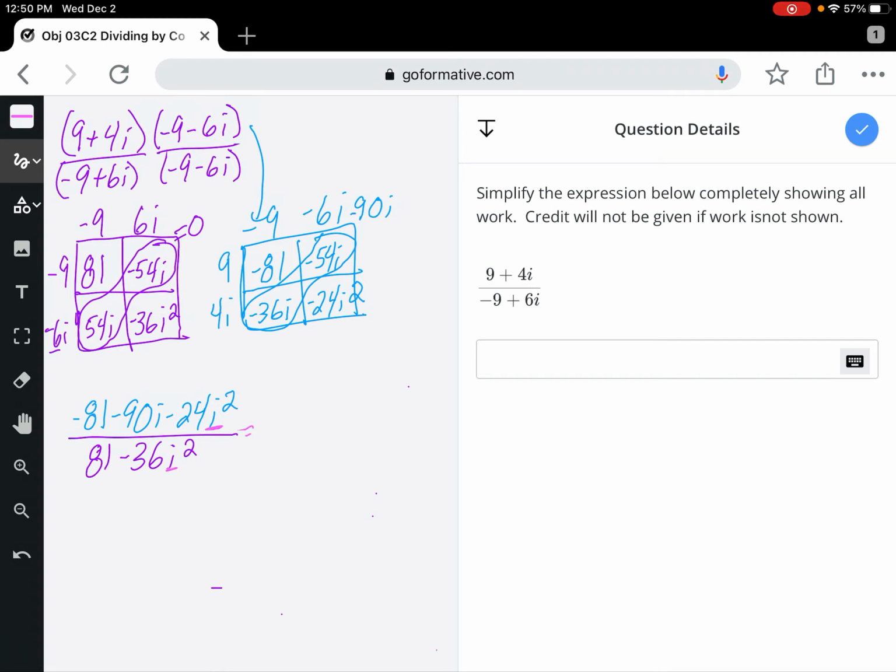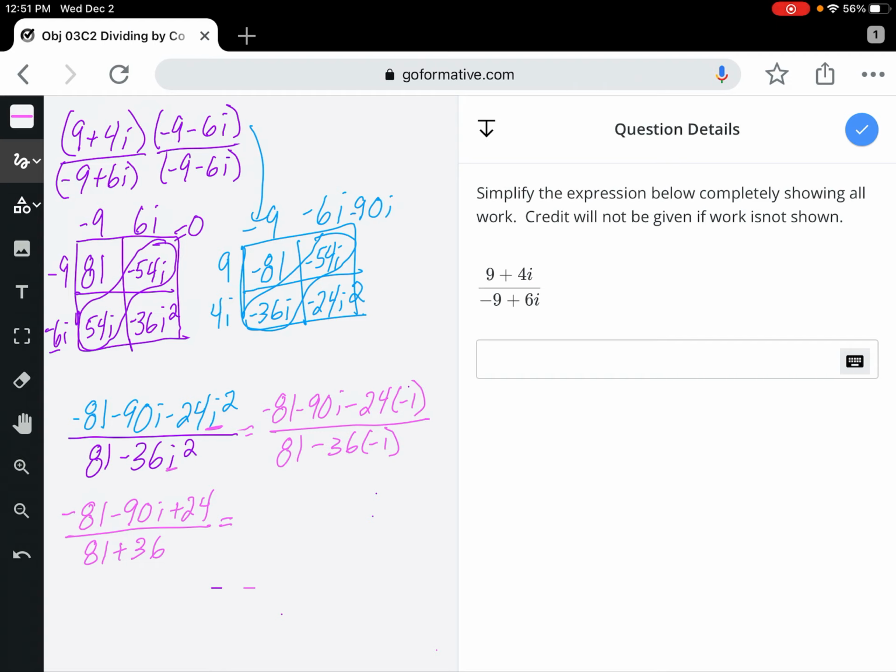I then take my I squareds and I make them into their negative 1. Negative 81 minus 90i minus 24 times negative 1 over 81 minus 36 times negative 1. So negative 81 minus 90i plus 24 over 81 plus 36.